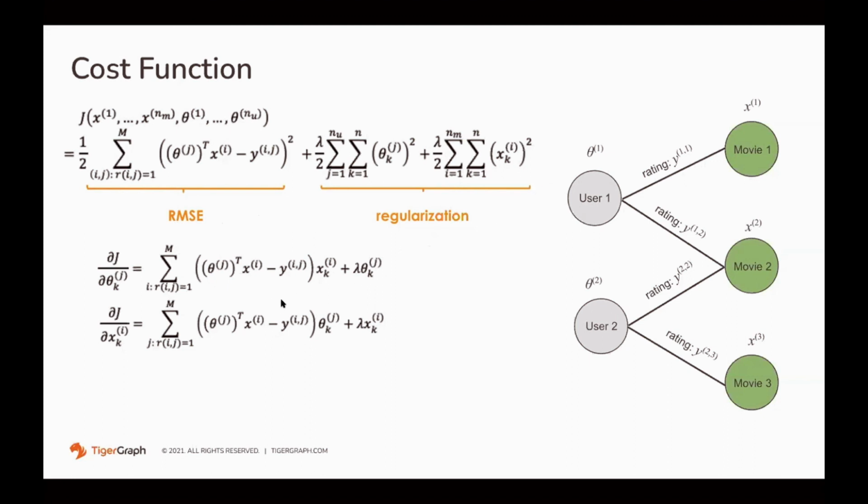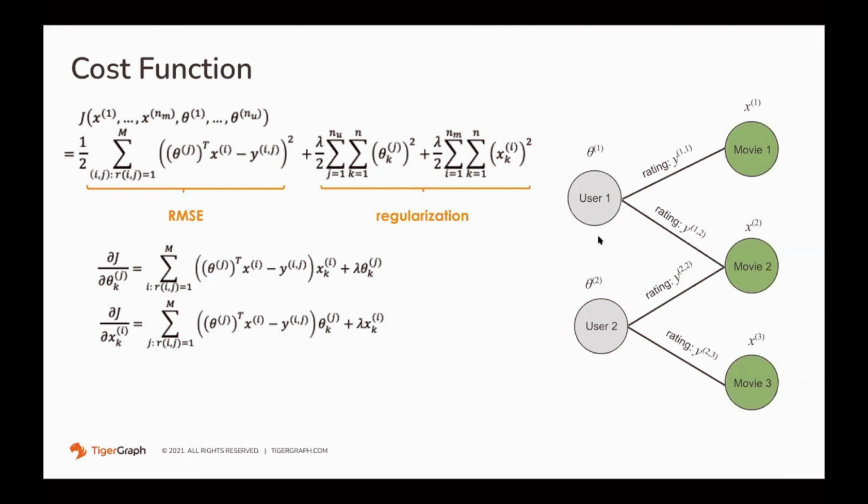To do that procedure, we can see here that each user is dependent on their ratings of the movies. Here user 1 has a rating Y11 for movie X1, and also a rating Y12 for movie X2.